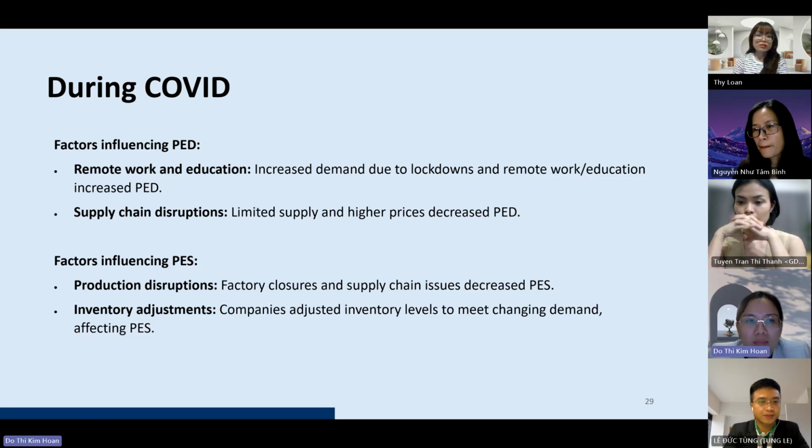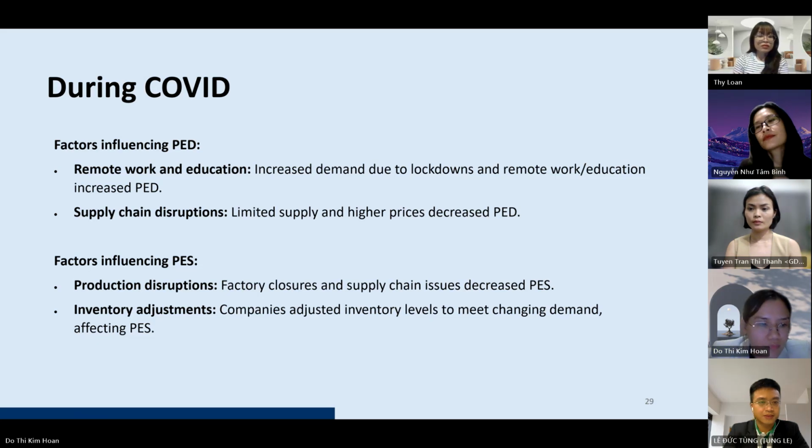During COVID time, I would like to discuss some factors, including price elasticity of demand. With more people working remotely and the shift to remote work and online education, there was great demand for laptops, making it highly inelastic.